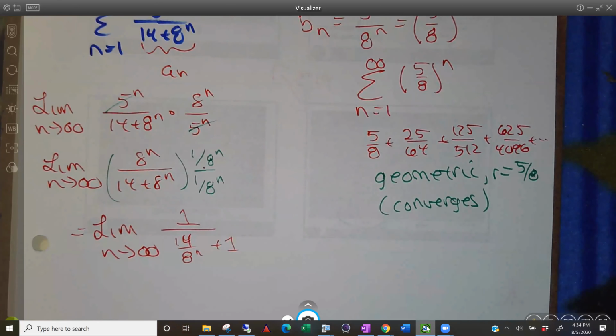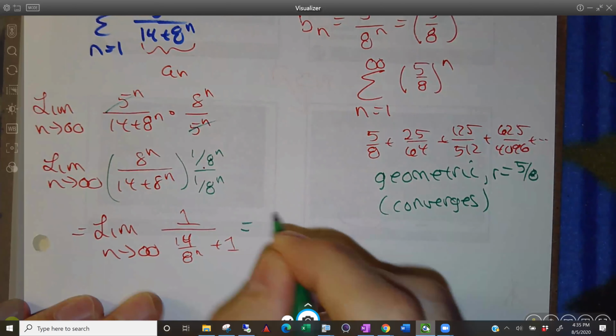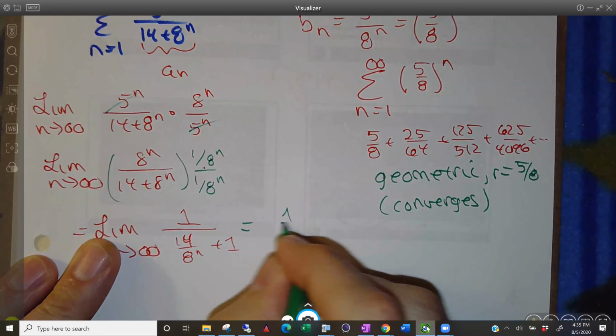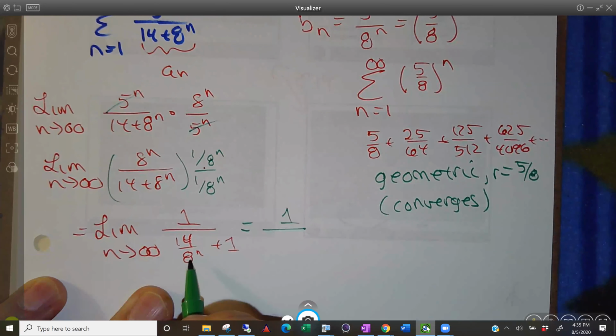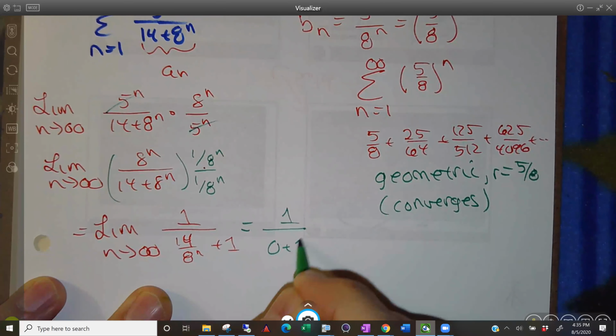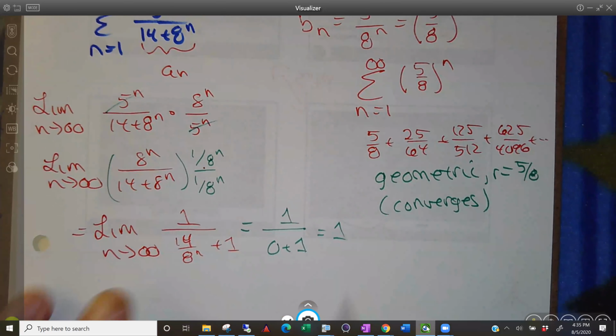Does that help me? Actually, yes. Because when I calculate this limit, in the numerator, I get 1. In the denominator, I get 0 plus 1. Overall, I get a limit of 1.